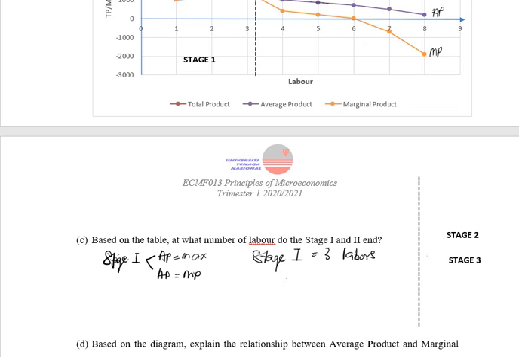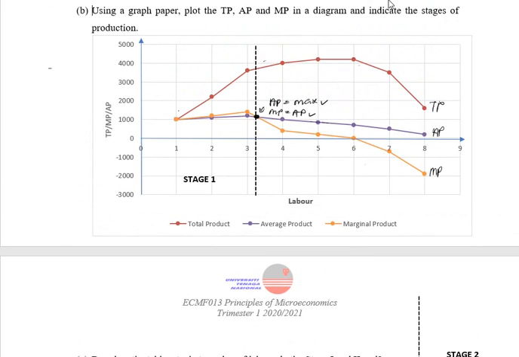Now, the condition for stage 2 is that marginal product equals 0. That is where stage 2 ends, or when total product is at maximum. The condition where marginal product equals 0 and total product is at maximum is here.